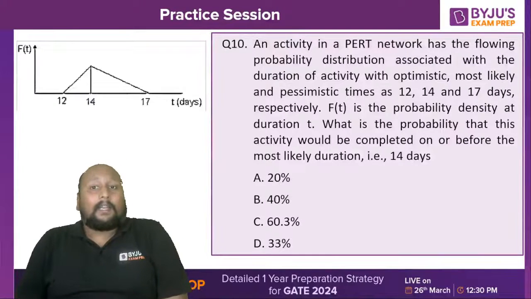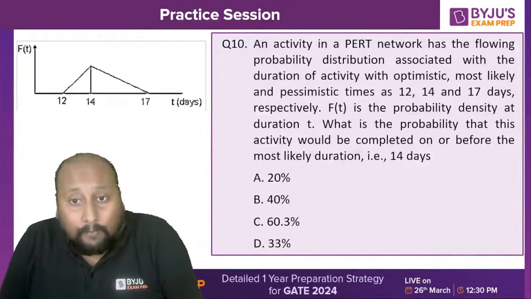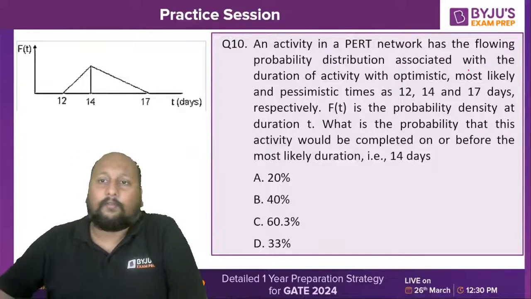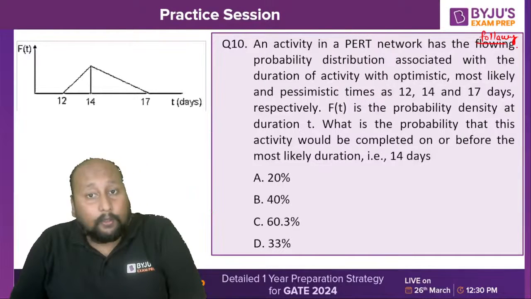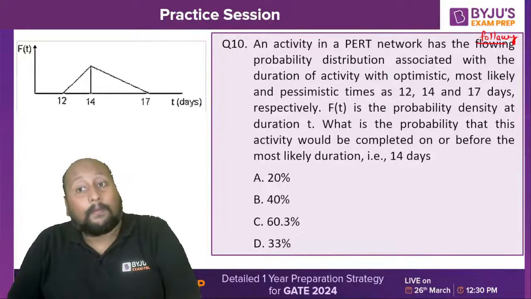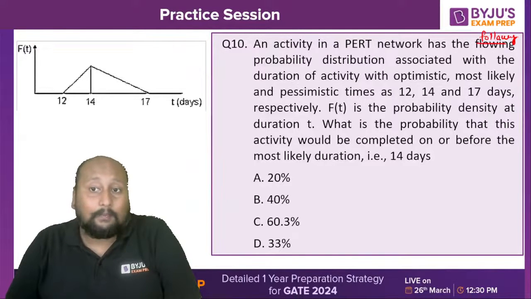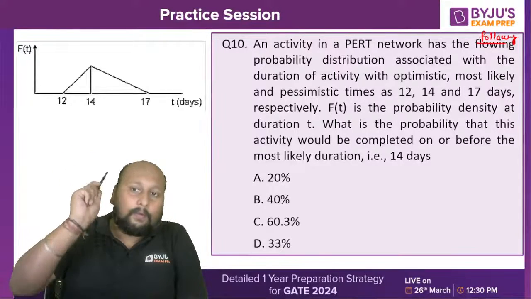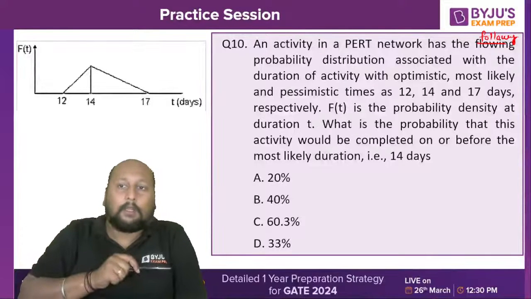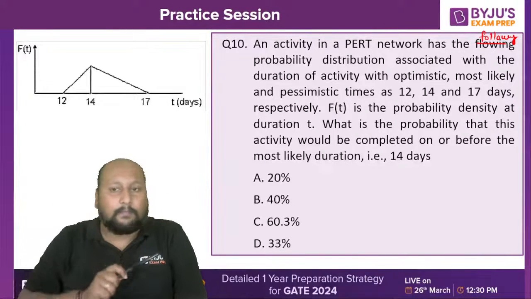An activity in a PERT network has the following probability distribution associated with the duration of the activity, with optimistic, most likely and pessimistic times, that is 12, 14. They have given one graph where 12 is the optimistic time, 14 is the most likely time and 17 is the pessimistic time.